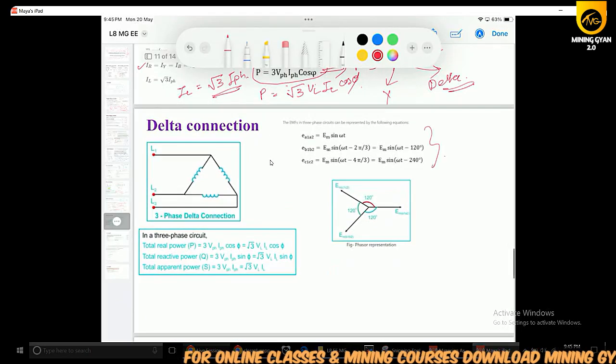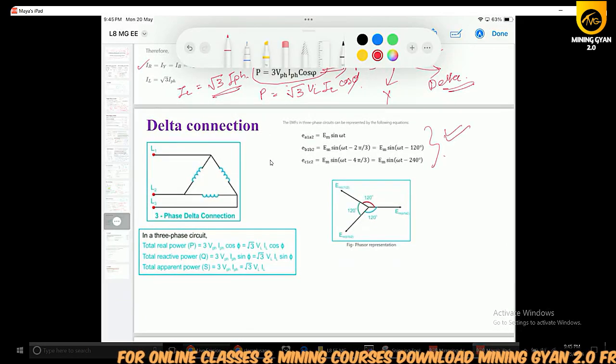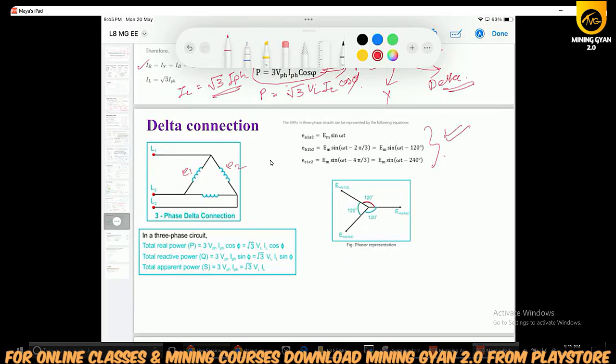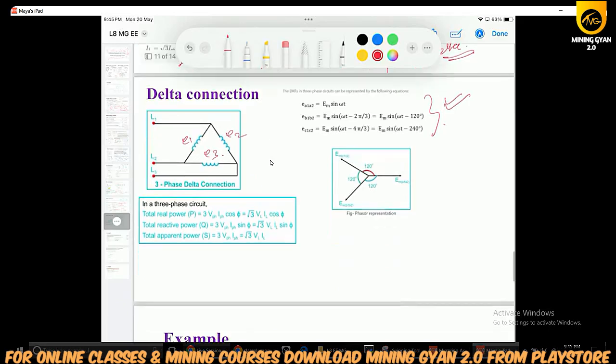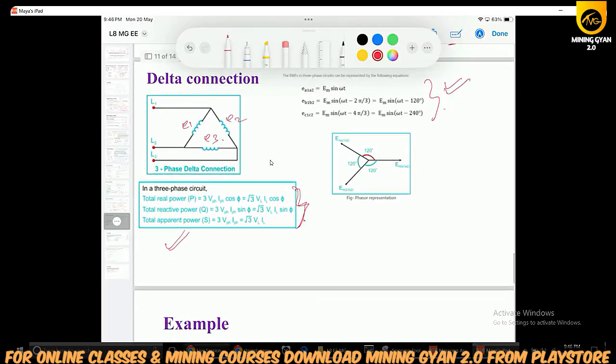These three are the voltage equations induced in three different phases of the delta connection: E1, E2, E3, and the three powers can be written by using these equations. This is the phasor representation.